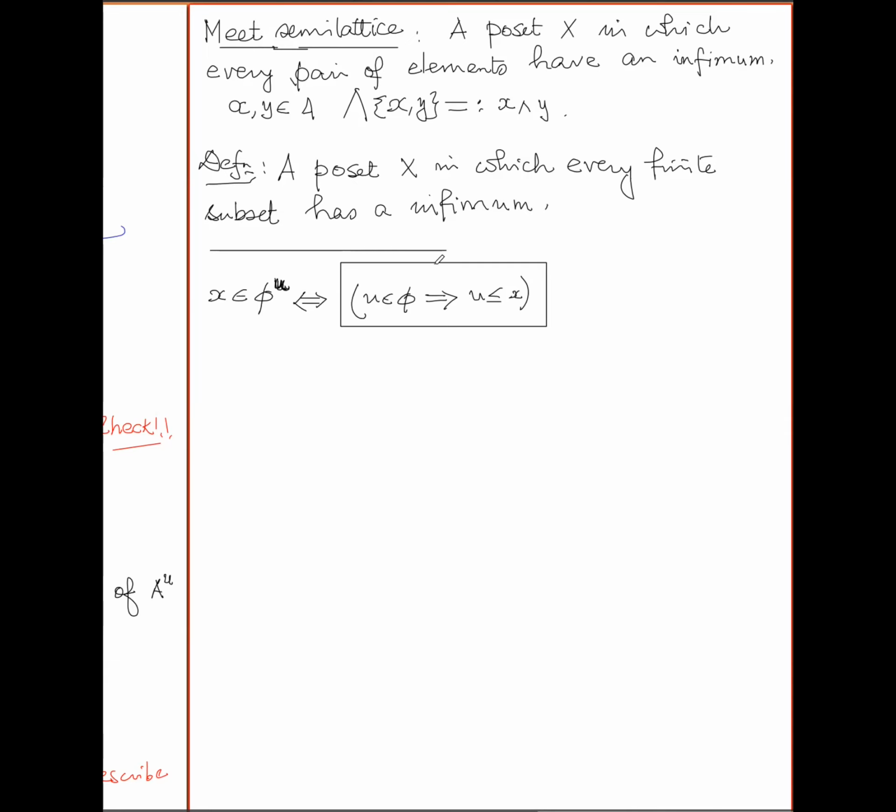So this is a part of the particular logic that we are working in.